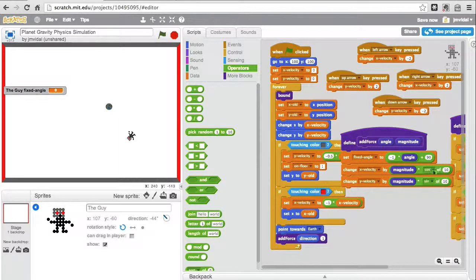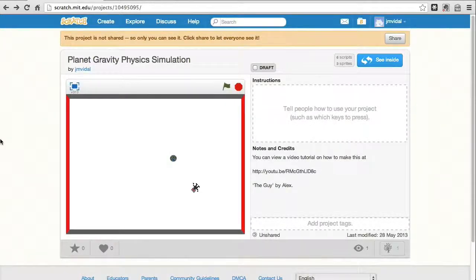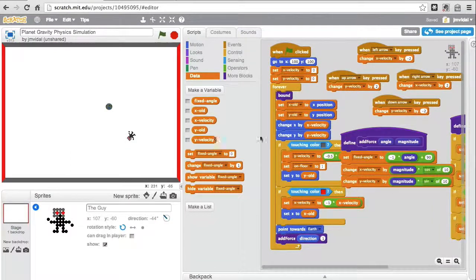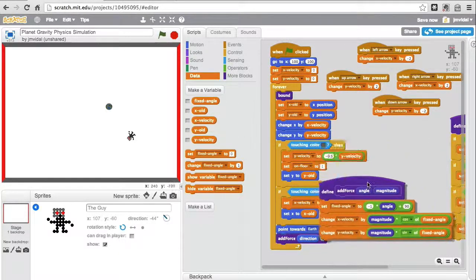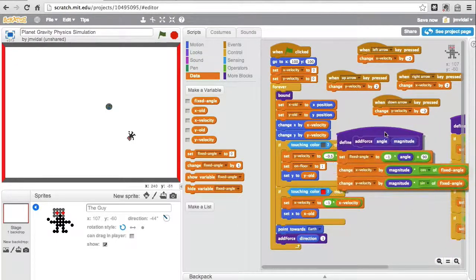Then, instead of the angle, I'm going to use the fixed angle. Fixed angle there. Fixed angle. So there it is. This is my add force function.